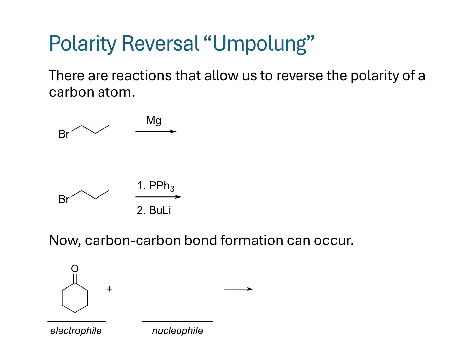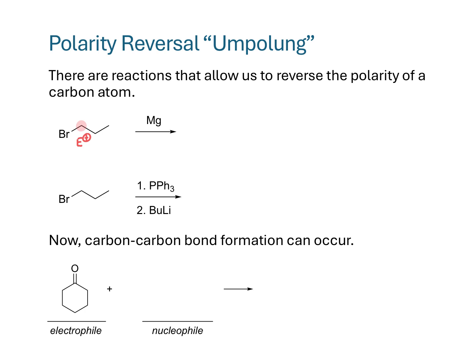So what we have here is a couple of ways that allow us to reverse the polarity of a carbon atom. And these are things we've seen before. This process of polarity reversal is often referred to as umpolung, which I believe is the German equivalent of polarity reversal. The first way we can do this is by forming an organometallic reagent. Right now, this organobromide, the carbon here is electrophilic.